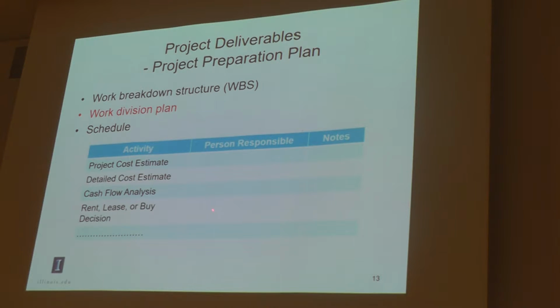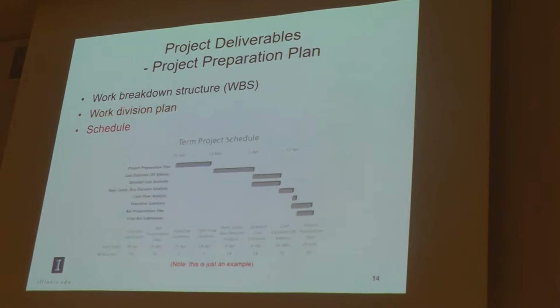But even if member A and member B already did the project cost estimate, it doesn't mean that they don't need to take care of the following items. They need to be in the group and discuss with other group members in order to do the detailed cost estimate and the following activities. And the last one for the project preparation plan is the schedule.